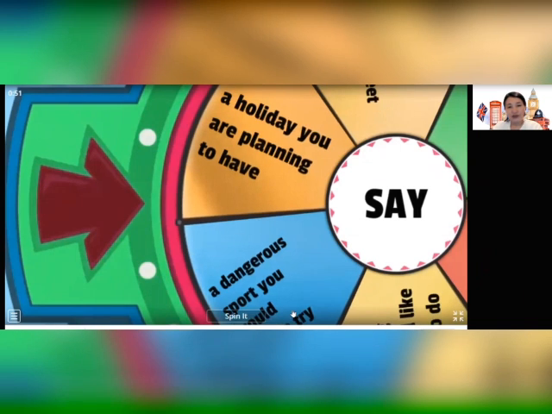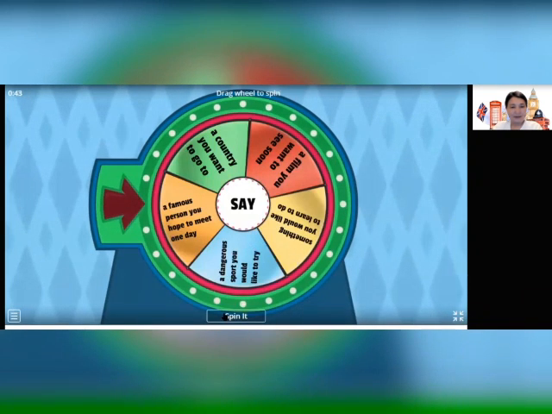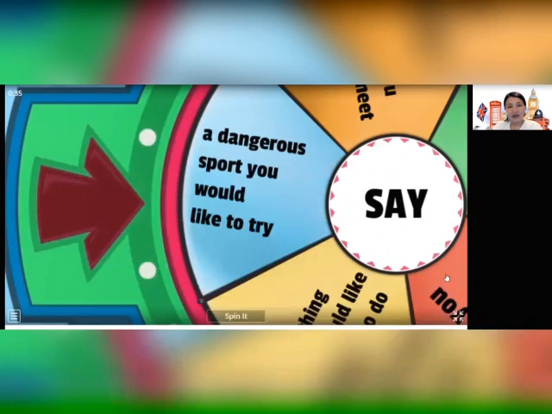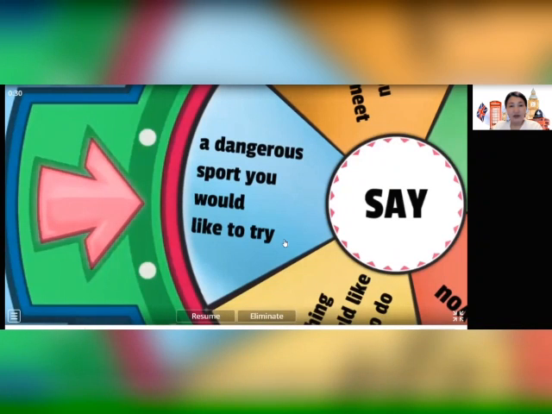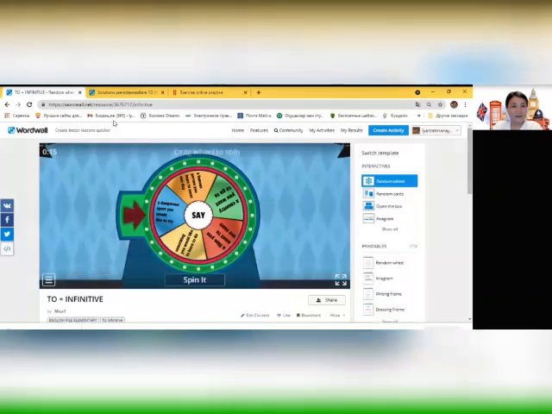Say a holiday you are planning to have. Say a dangerous sport you would like to try. For example, I would like to try maybe kayaking. I think it is very dangerous. Okay. Now, you may use these kinds of tasks to improve your speaking.